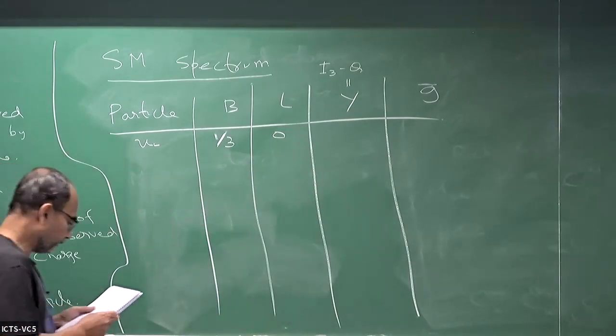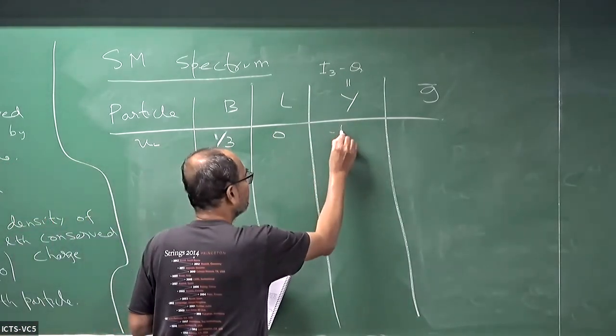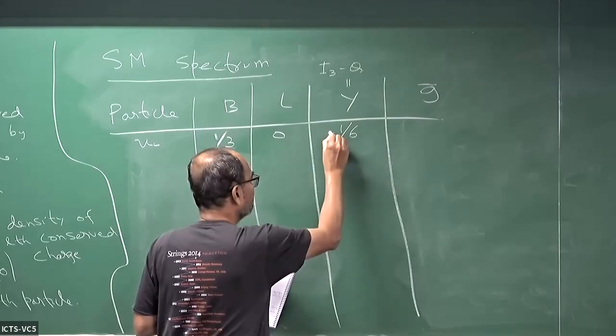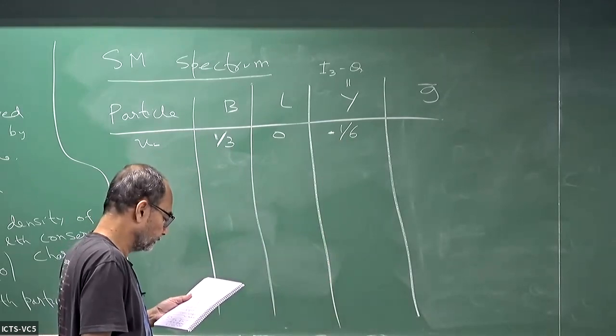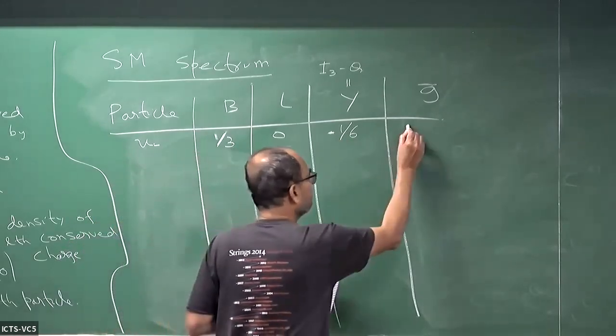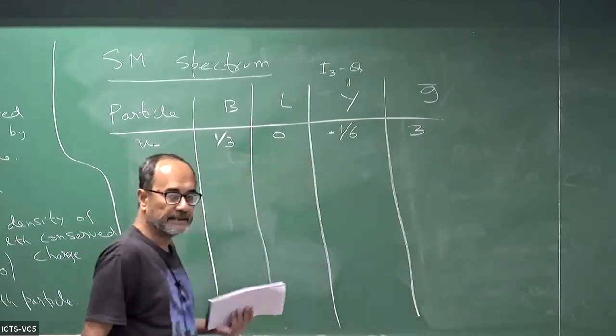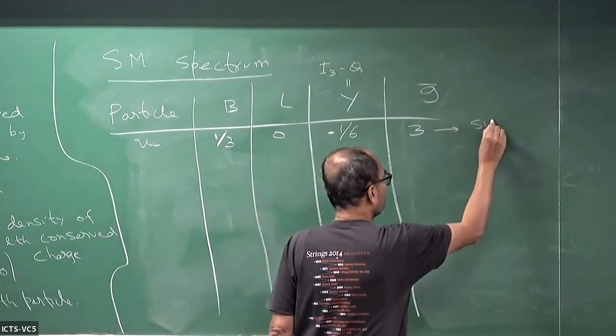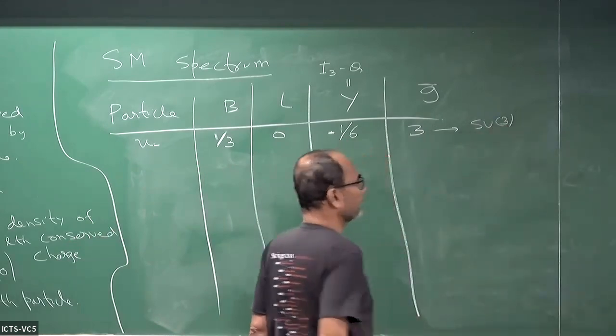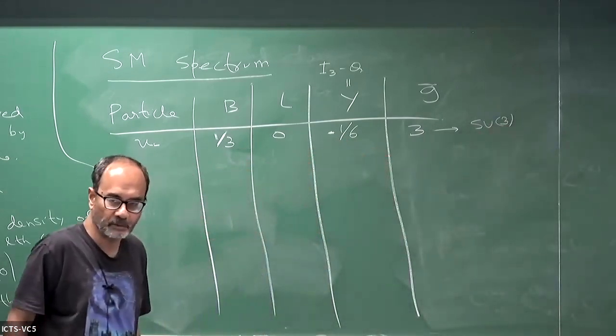So Y is minus 1/6. And G bar is 3. This 3 comes from the SU3 quantum numbers, because it's a 3-dimensional representation of SU3.